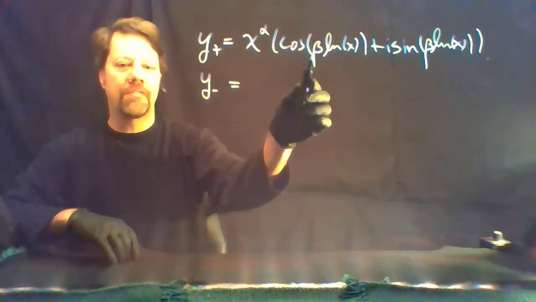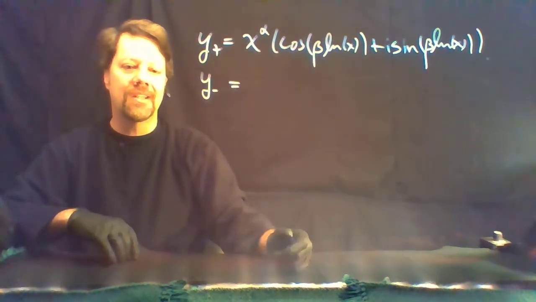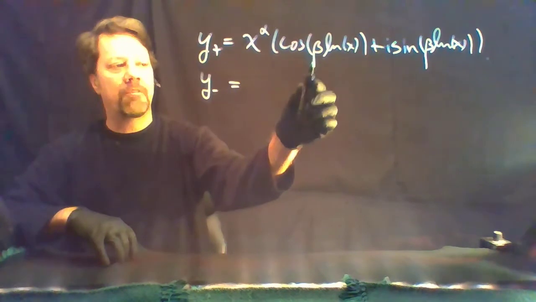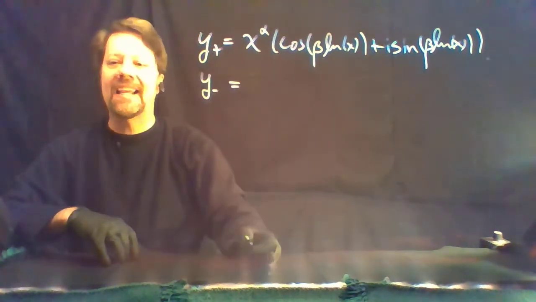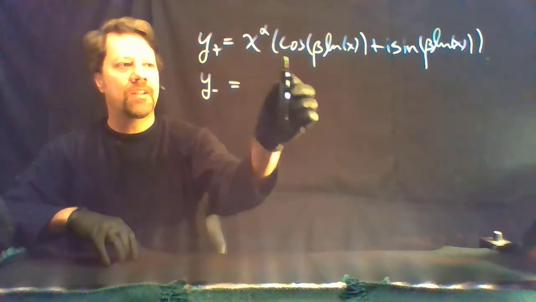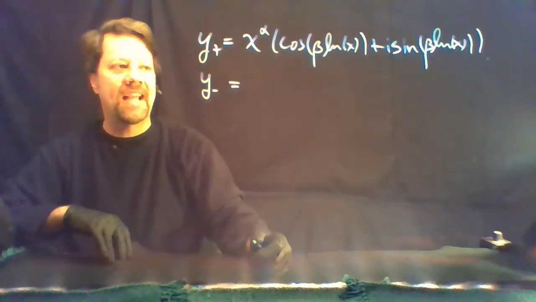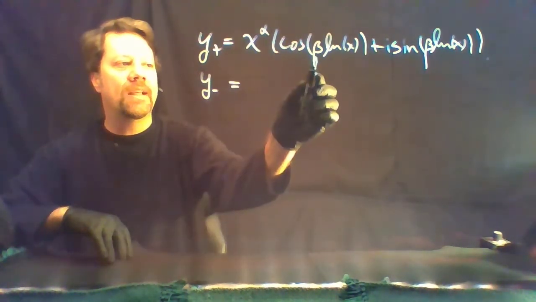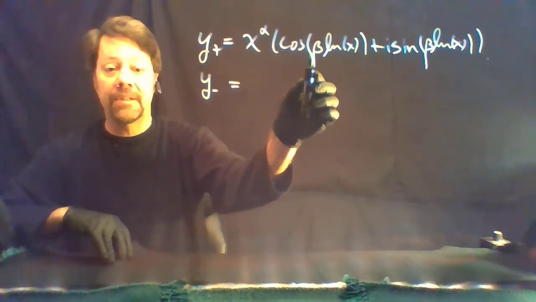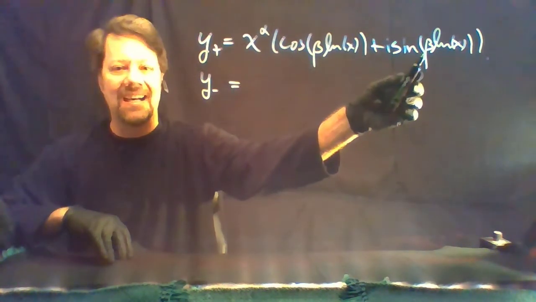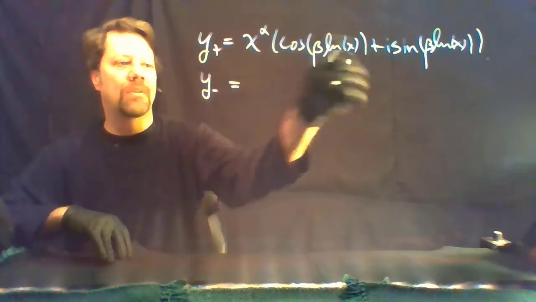There's another solution from the complex conjugate root to the characteristic equation. We simply replace beta by negative beta. Remember that cosine is even, so that when we replace beta by negative beta here, the negative just disappears. However, sine is odd, and hence negatives come out.